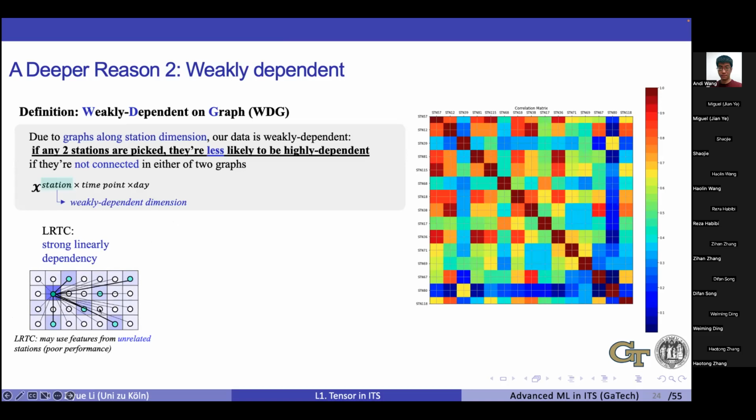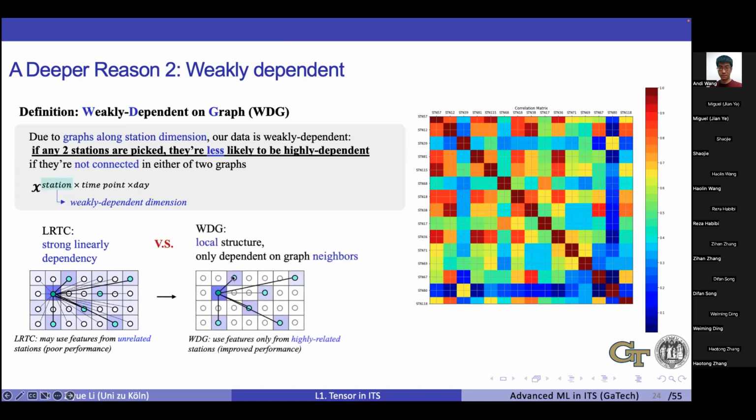But in the real case, we have the weakly dependent graph that only relies on the local structures, which means these stations may only use the features from their graph neighbors, and the rest is not considered. So we only use the features from the highly related stations. So maybe we have this sparsity feature we want to achieve in this station dimension.